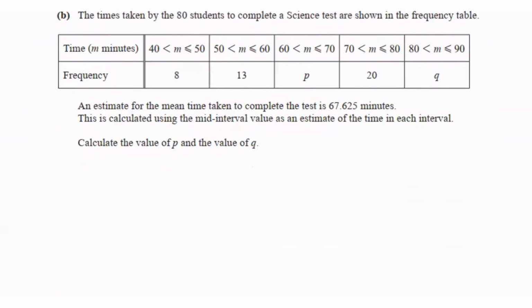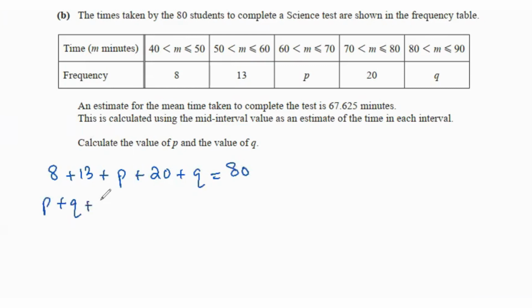So firstly, let's add all of the frequencies and put that equal to 80. So we know 8 plus 20 plus 13 is 41.